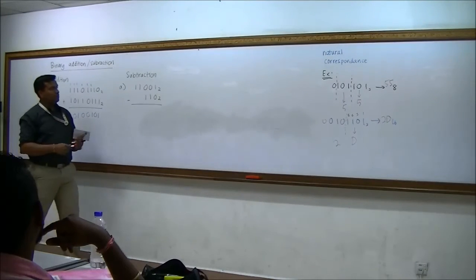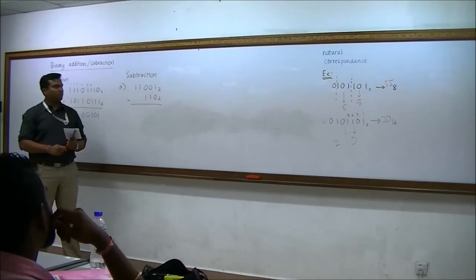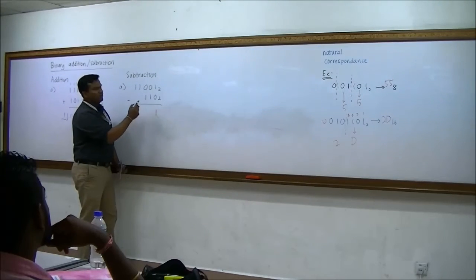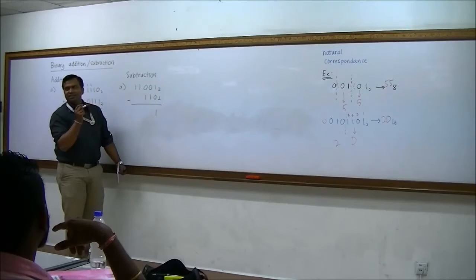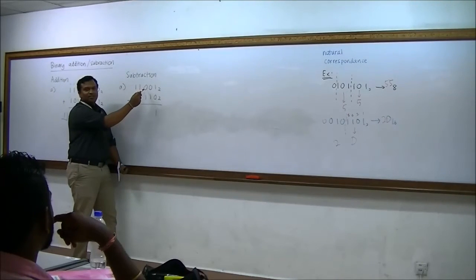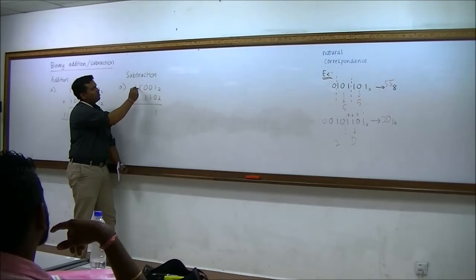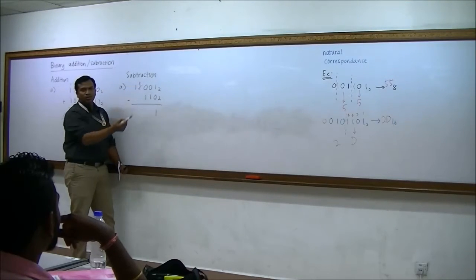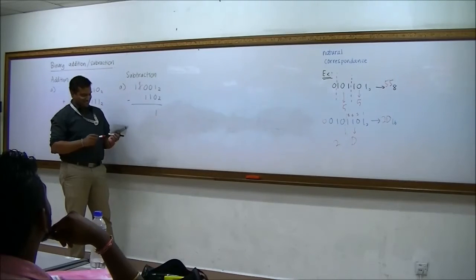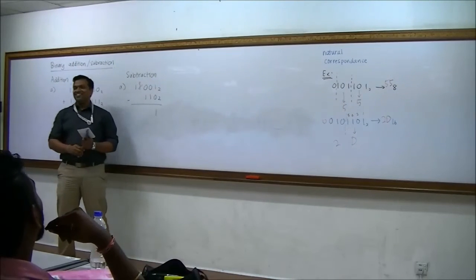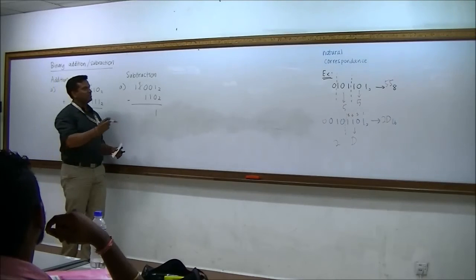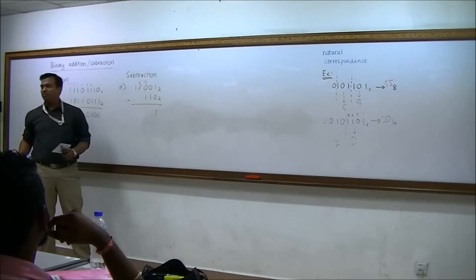Now how do you perform the subtraction? Help me. 1 minus 0? 0 minus 1? This guy wants to borrow from here, but this guy also has nothing, so it wants to borrow from this guy. When you borrow, how much are you borrowing? Actually you are borrowing 2. Why 2? Because it's a base 2 number.